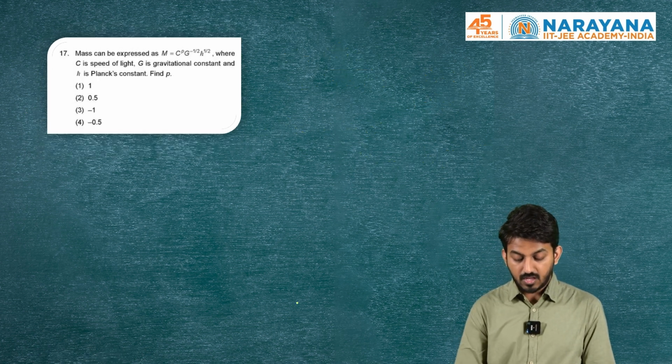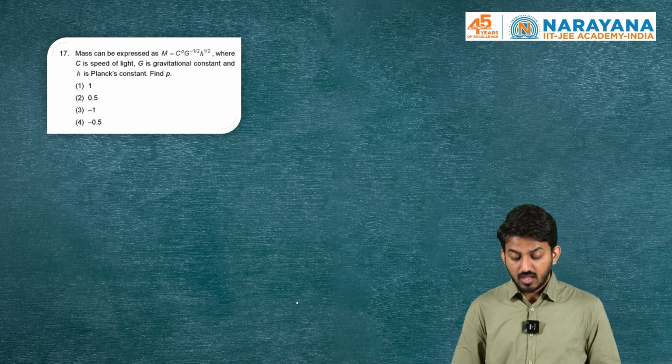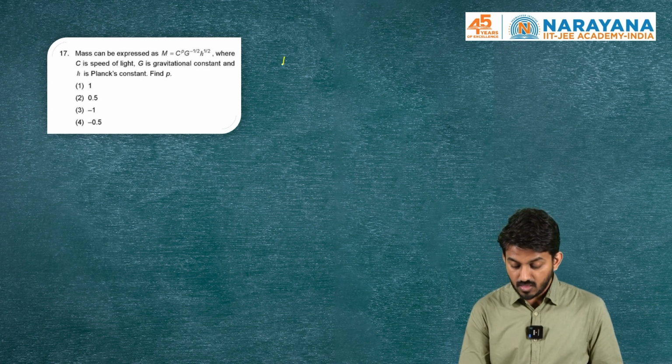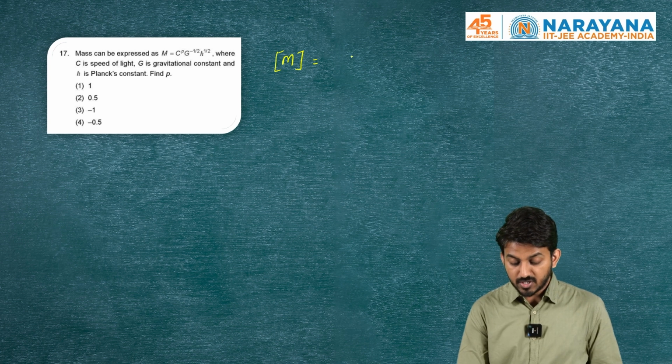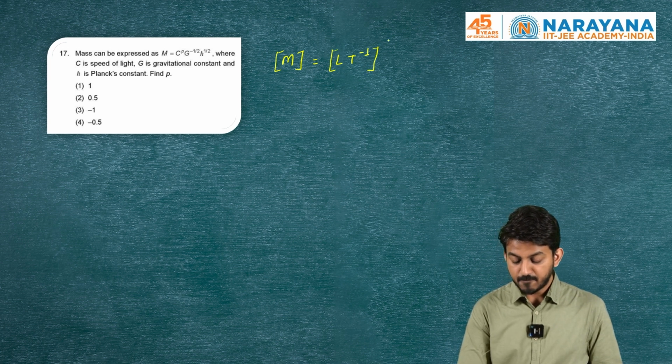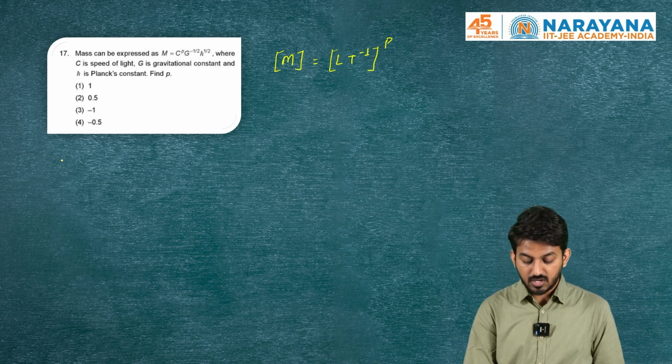Let's move on. Now we have mass given as some power relation between c, G, and h bar here. Now, writing dimensionally, the dimensions of m are this. The dimension of c, the speed of light, is going to be L t minus 1, whose power is given as p. Now G is the gravitational constant, whose dimensional formula we can find by Newton's law of gravitation.